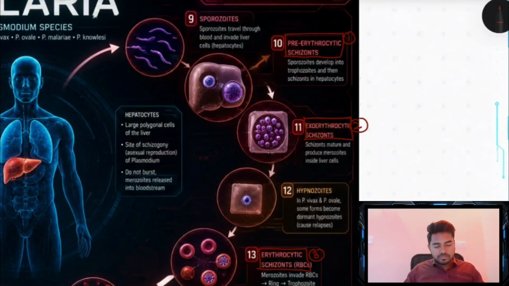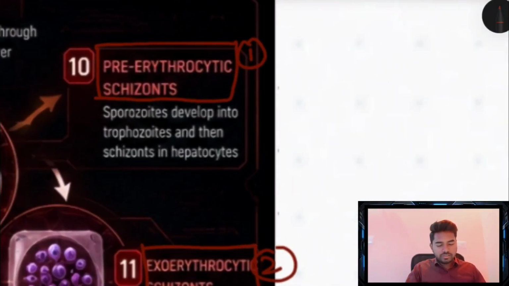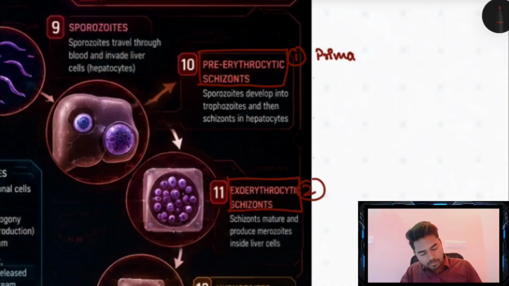First, pre-erythrocytic stage. We'll use three drugs to kill pre-erythrocytic stage. First one is primaquine. Second is proguanil.